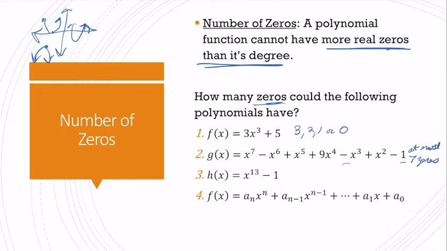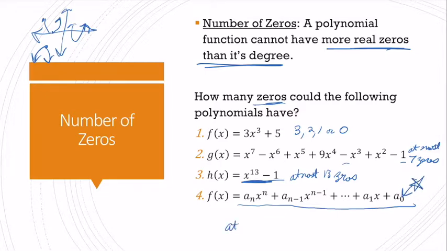For x to the 13th minus 1, that could have at most 13 zeros, but it could have 12, it could have 10, it could have 11. And if I have f of x equals a sub n x to the n, and so on, this is our formal definition of polynomial in case you didn't remember it, it could have at most n zeros.